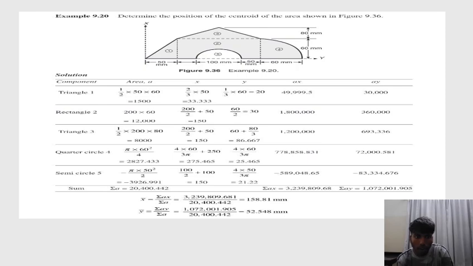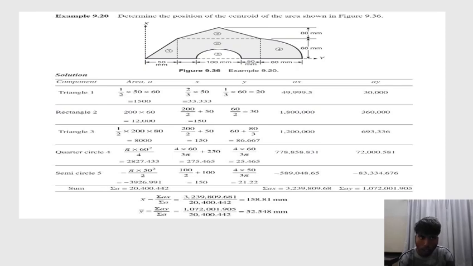X bar is equal to summation of ax by summation of a, so x bar is 158.81 millimeter. Similarly y bar is equal to summation of ay by summation of a, which is 172.001.905 divided by 20,442, that is 52.548 millimeter.